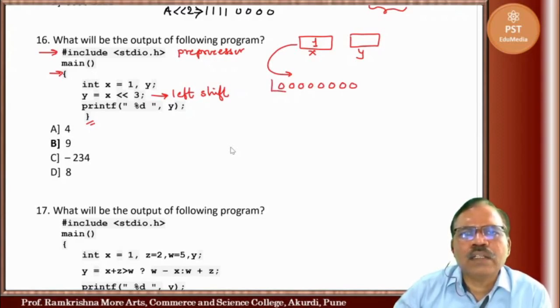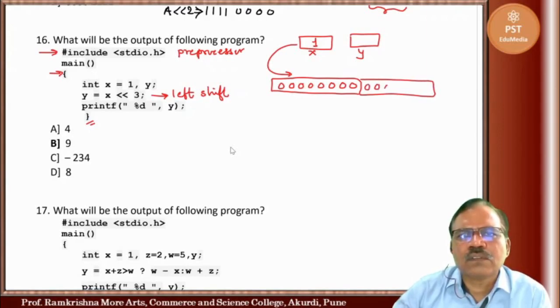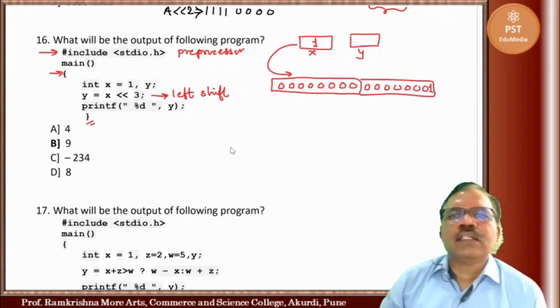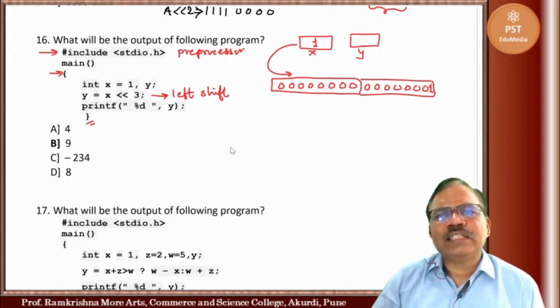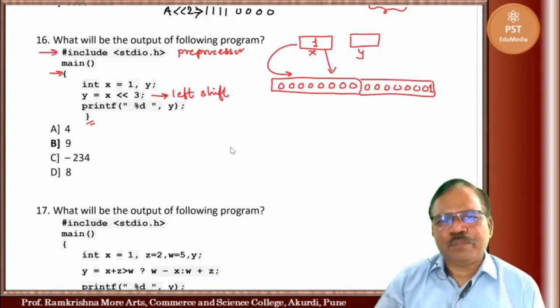This is one byte, then the next byte. So 16 bits. One we know, in a 16-bit number, this is 1 in the binary form.